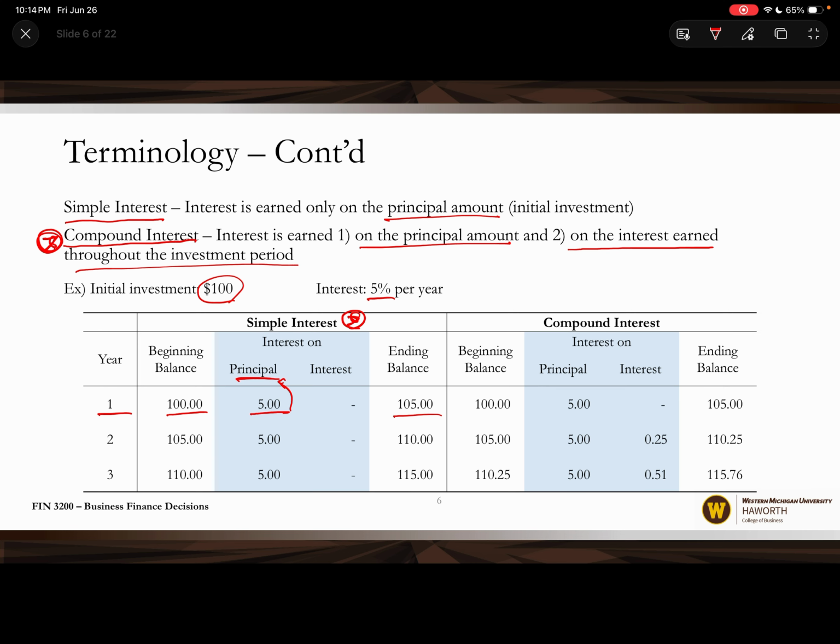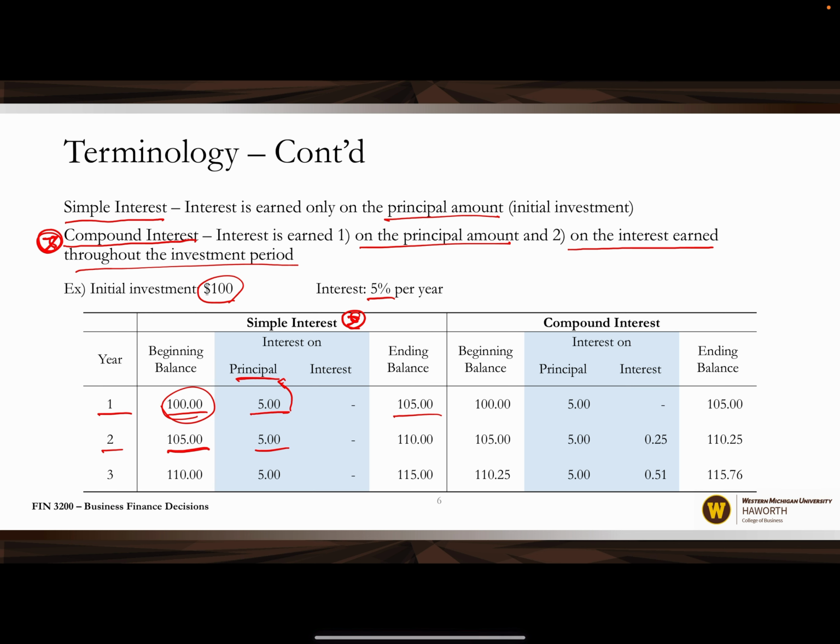In year 2, your beginning balance is 105, but you're still only earning interest on the initial amount. So you earn 5%, which is $5, and the ending balance is 110. In year 3, same thing. Even though the beginning balance is growing, you're still only going to earn interest on the original amount, $100. So you get $5. And this continues forever.